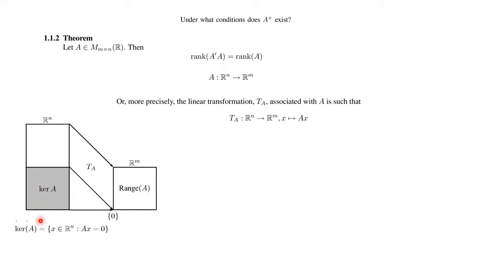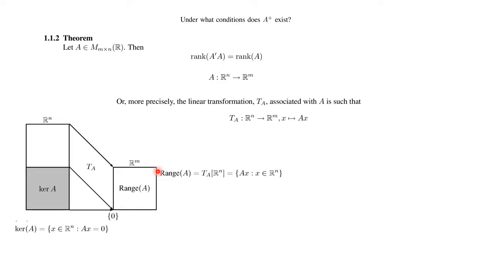The kernel is the set of all vectors which map to zeros, and that is a subspace. And the range is the set of all values of AX as you range X through the whole of the domain. So it's the same concept as the range of a function from reals to reals.